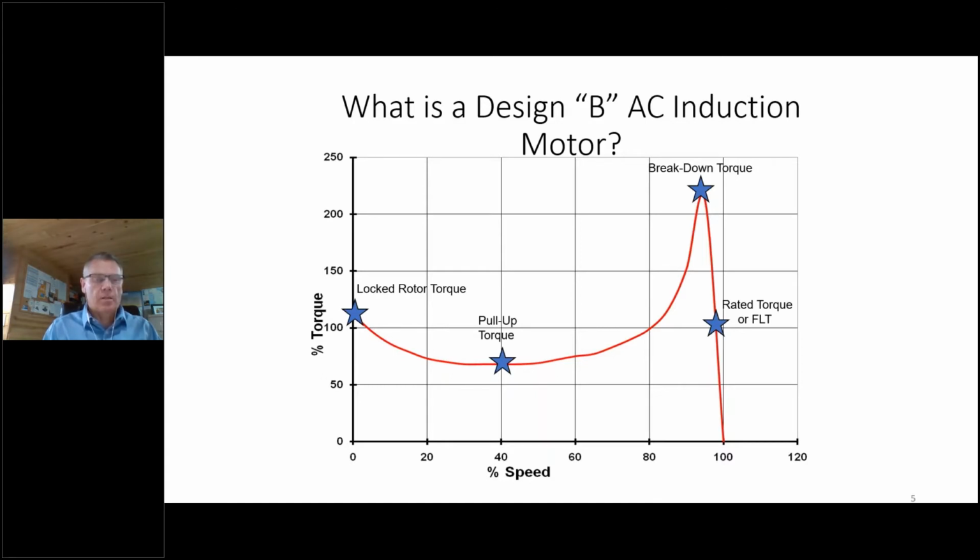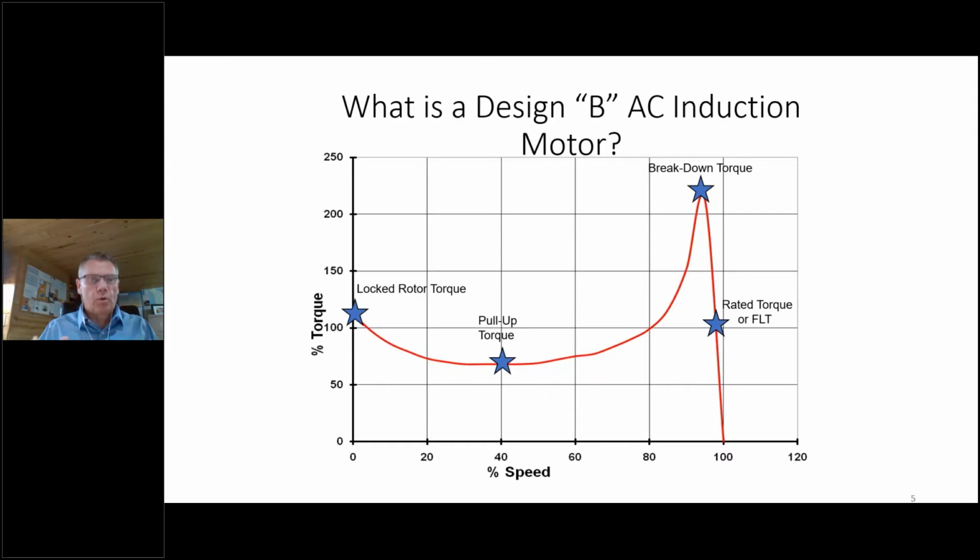As it moves through that speed, there's a low point called the pull-up torque. That's the lowest amount of torque that is generated. As it gets closer and closer to rated speed, you get a high point on this curve, which is called the breakdown torque. Anything on the right-hand side of that breakdown torque is the maximum torque that you will get out of that motor.